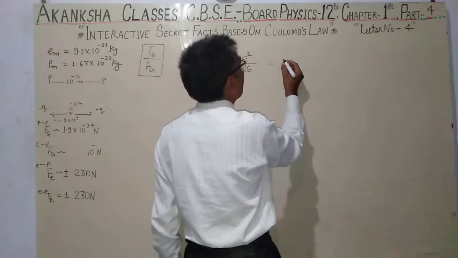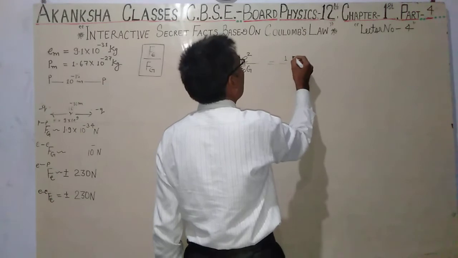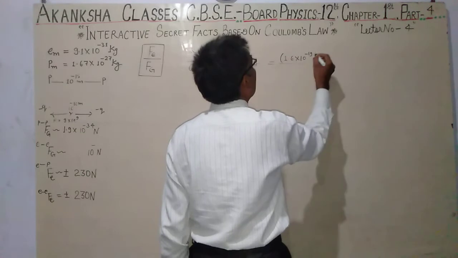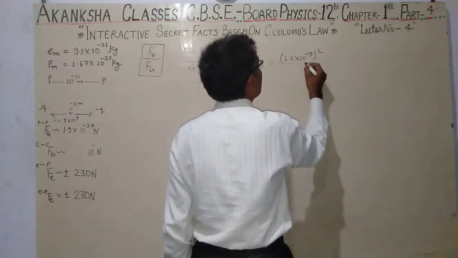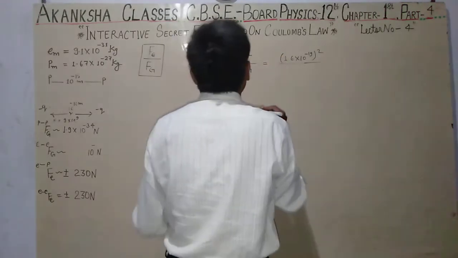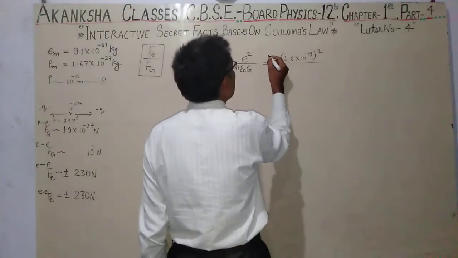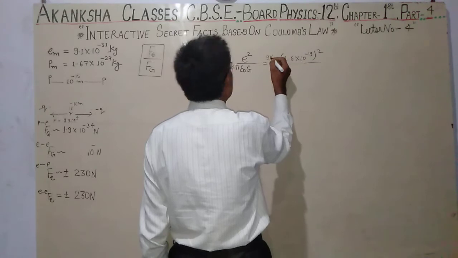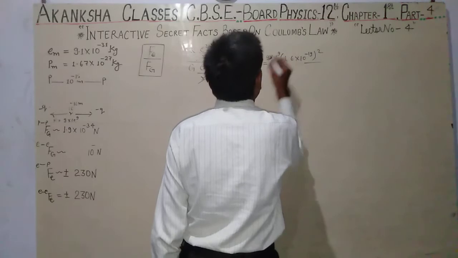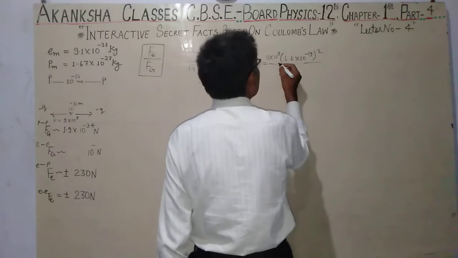Now we can put the value of e square as 1.6 into 10 power minus 19 square, and the value of 1 by 4 pi epsilon naught, that is 9 into 10 power 9, will also be written upward.